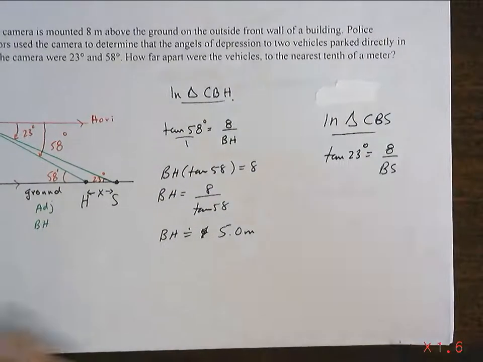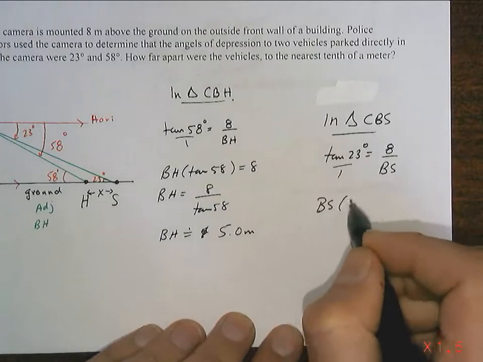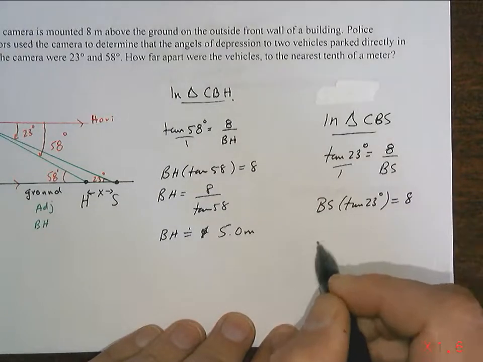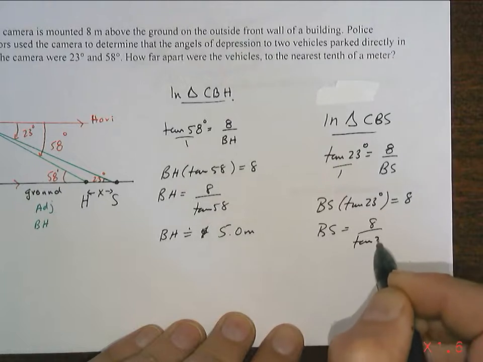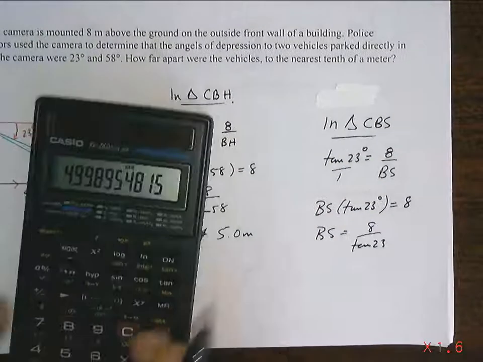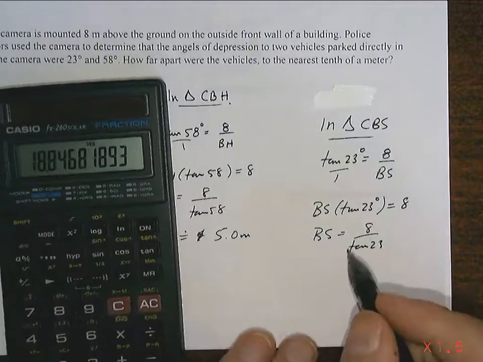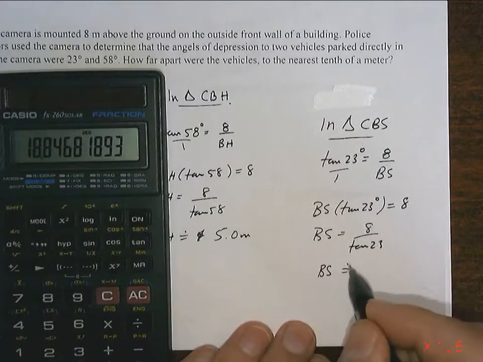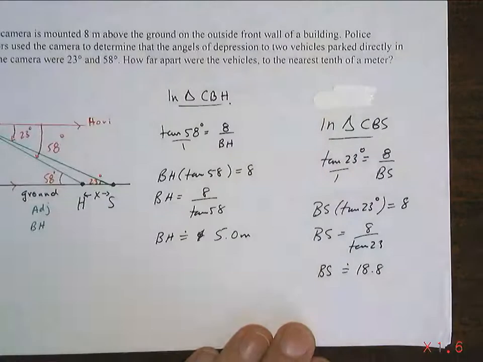Okay, we're going to cross multiply. We're going to get BS times tan 23 degrees equals 8. We're going to get BS equals 8 over tan of 23. So 8 divided by 23 tan equals, it's approximately 18.8.